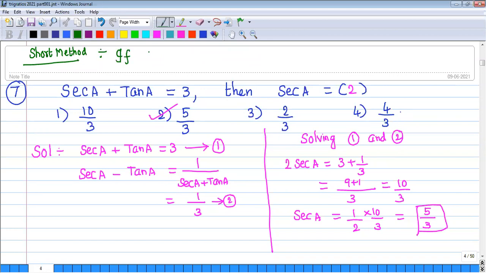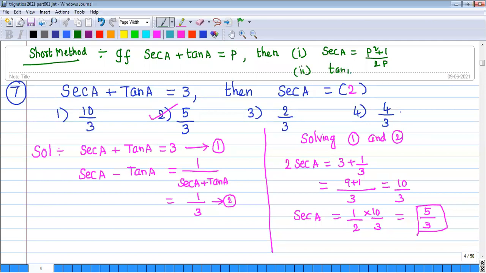If sec A plus tan A is equal to something P, then I'll give 3 formulae. Sec A is equal to P square plus 1 by 2P. Second formula, tan A is equal to P square minus 1 by 2P.